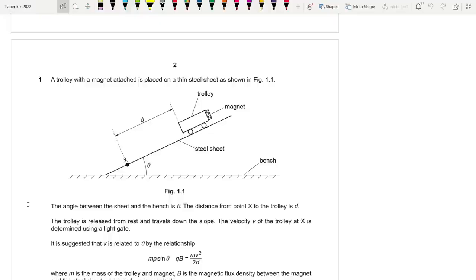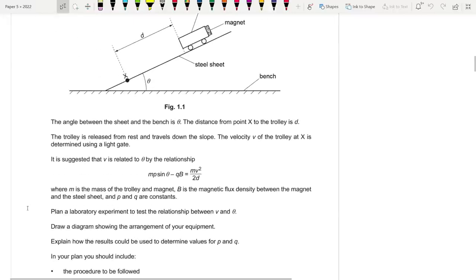It is suggested that v is related to theta by the relationship mp sin theta minus qb is equal to mv squared by 2d, where m is the mass of the trolley and magnet, b is the magnetic flux density between the magnet and the steel sheet, and P and Q are constants.